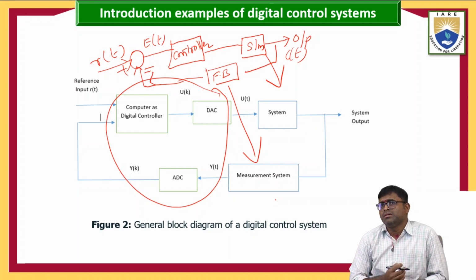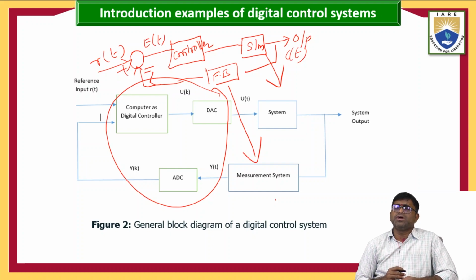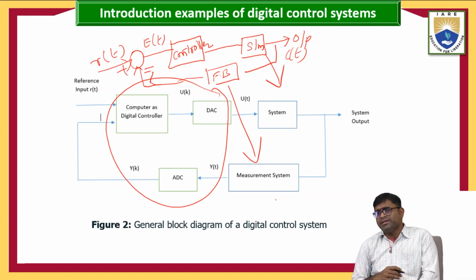We are replacing only the controller block with one digital computer, an analog to digital converter, and a digital to analog converter. So in the block diagram of the digital control system, we have two controller parameters, that is your ADC and DAC.